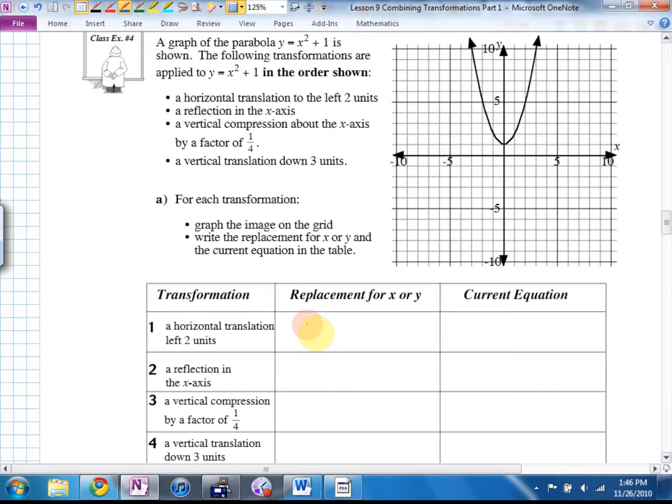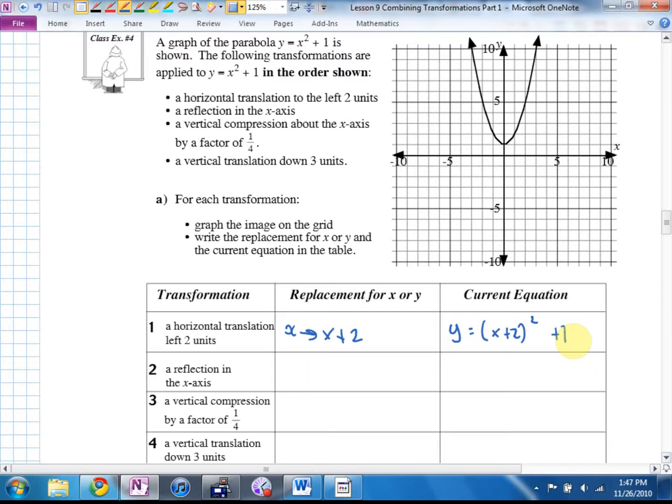I'll give you a hint. It's horizontal. Replace x with what? X plus 2. That's 2 left, right? So in my equation, y equals, instead of an x, I'd have an x plus 2, and then a squared plus 1. Right?